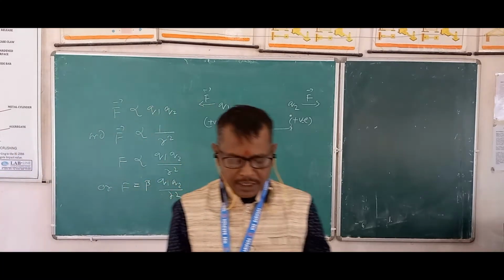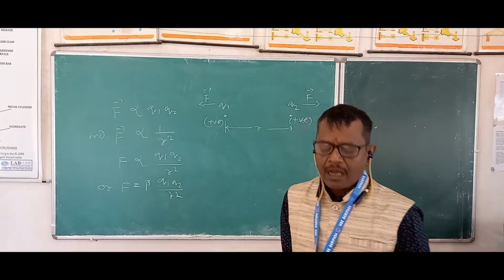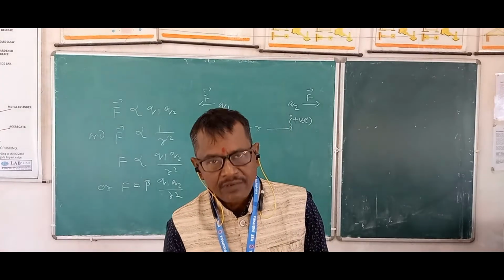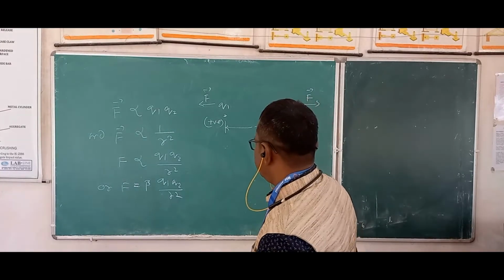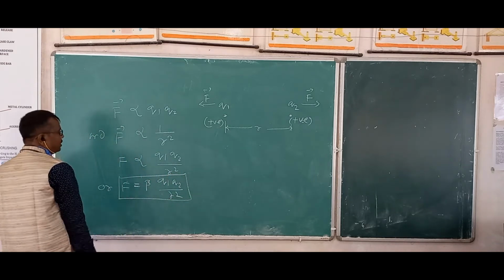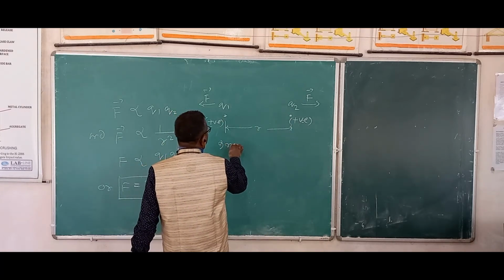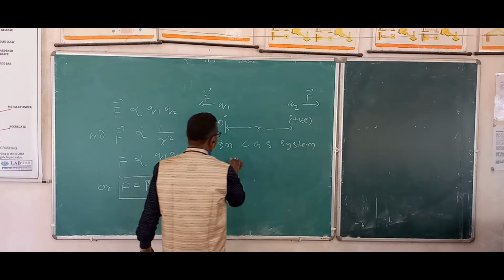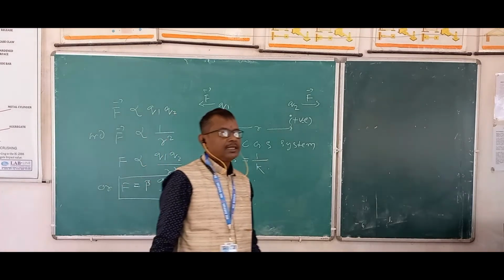Now, beta is called the constant of proportionality, and its value depends upon the nature of the two point charges placed. In CGS system, the value of beta is 1 by K. K is the dielectric constant.